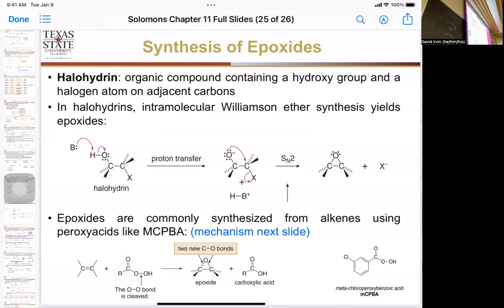What that means is you have a per acid, which means you're going to make an epoxide. Okay, so you'll want to make sure you write that down, memorize that. In your reaction table, you're going to have epoxides two ways: Williamson ether synthesis with a halohydrin and peroxybenzoic acid with an alkene.